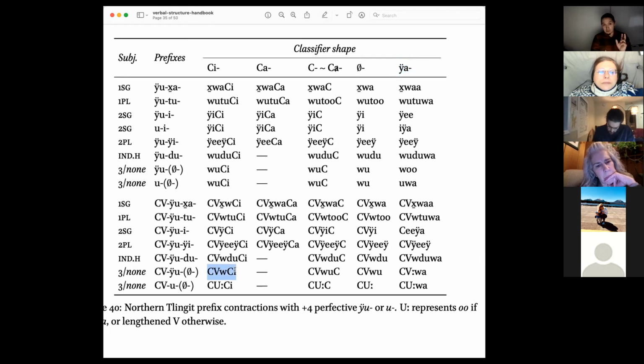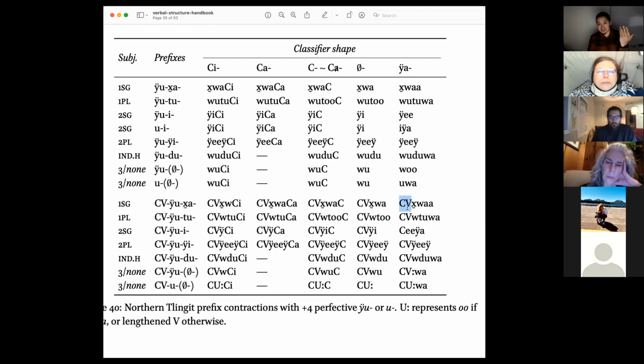But if there's something on there, like, for example, to succeed, right? So to succeed is you're going to get glaq. It's going to be long and low if it already happened. You're going to get this classifier right here, but you're also going to get ya. So this is capital C, capital V. It says a consonant and a vowel. Doesn't matter which one.